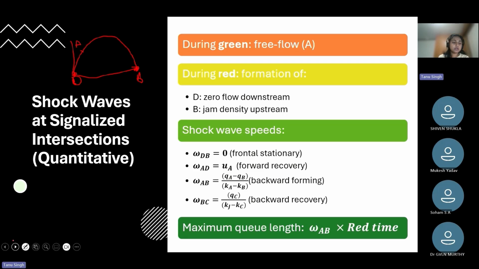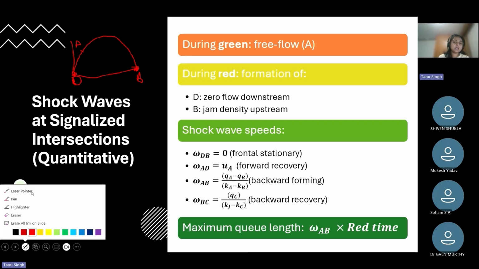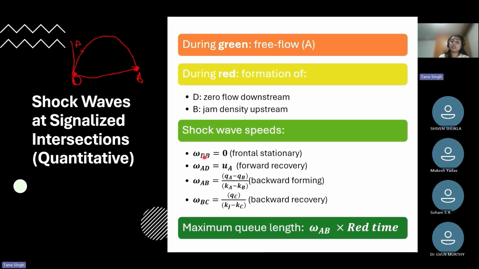So it says omega DB is 0. Why is it 0? Because the formula for omega BD will be QD minus QB upon KD minus KB. Since Q, that is flow, is 0 for both conditions, the shock wave speed will be 0.